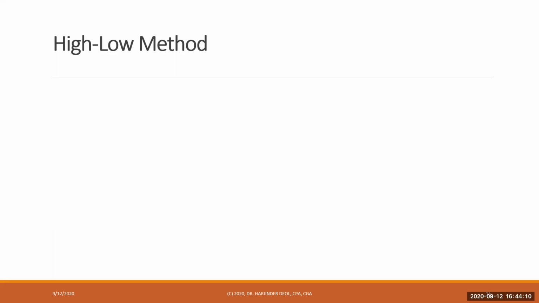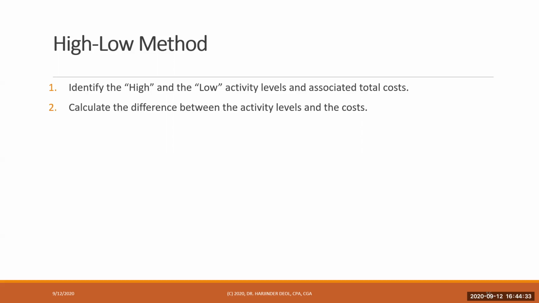The high-low method, here we actually identify the high and the low activity levels. So on the x-axis numbers, we identify a high number and a low activity level number, and the associated total mixed costs at those activity levels. Then we calculate the difference between the activity levels and the costs.